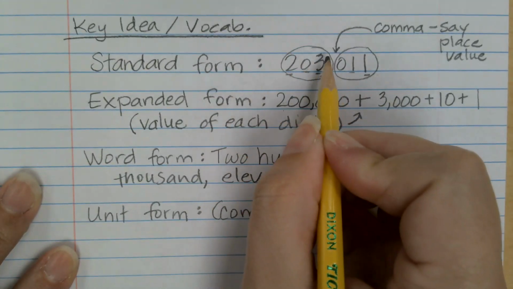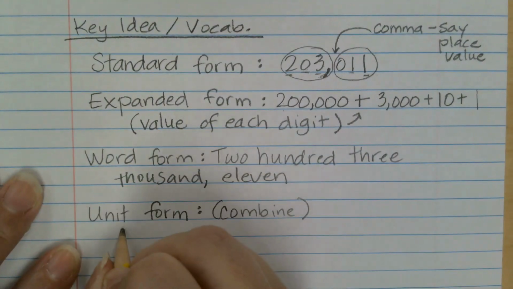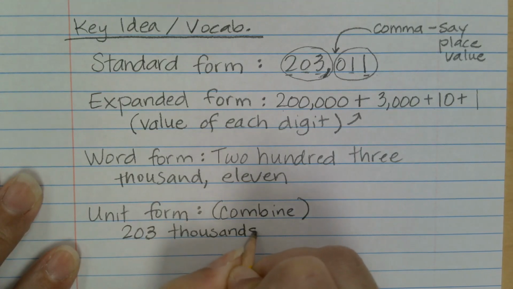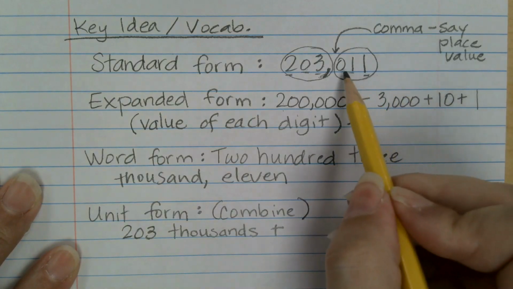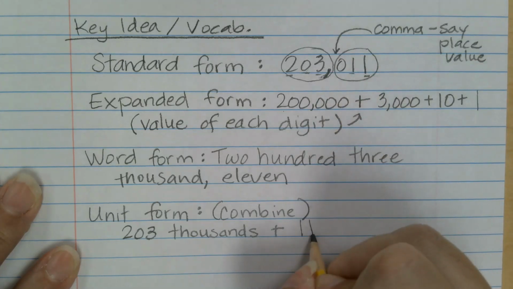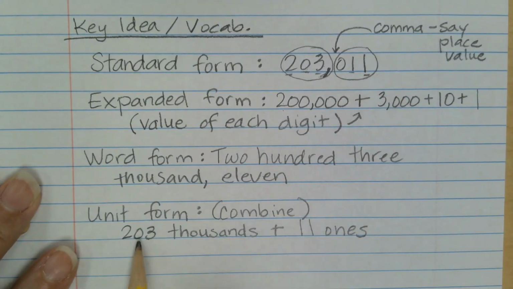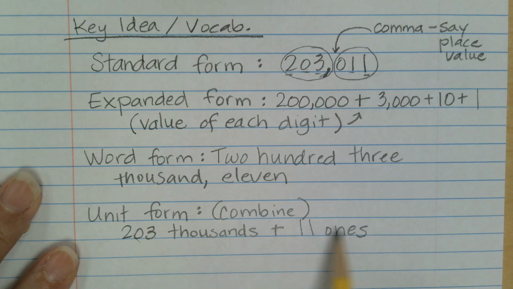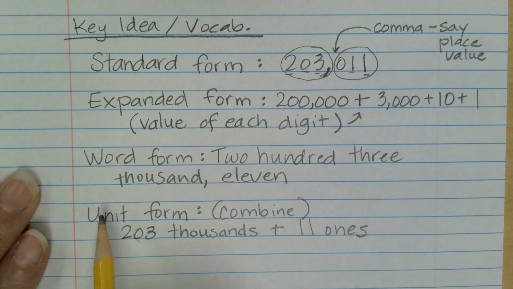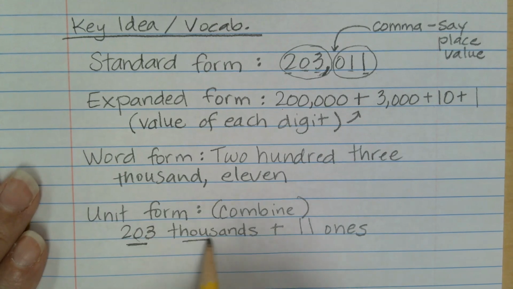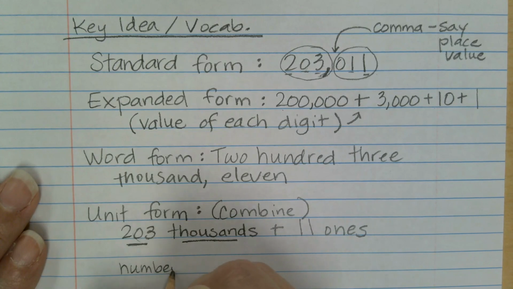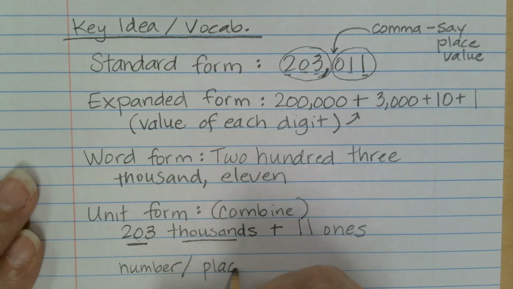So I could write 203 thousands like this, 203 thousands plus 11 ones, right? So I'm kind of combining things. Like here I have a number and a place value written in words. So unit form usually has a number and then a word place value. But there's lots of different ways that you can combine them to have a number and a place value written.